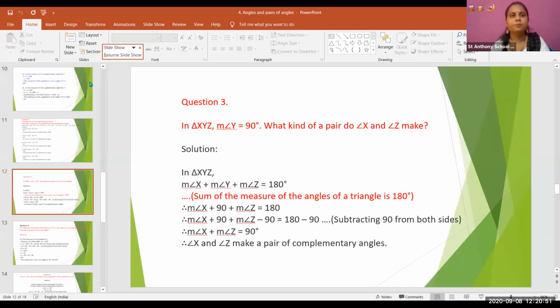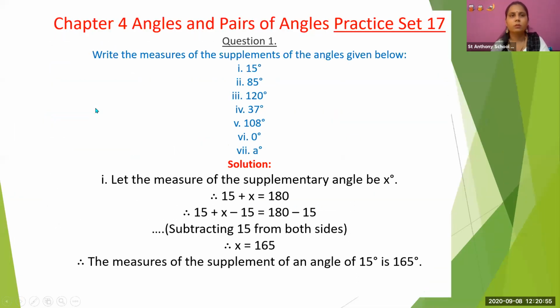Write the measure of the supplementary angle. 15 has been done. Now 85. Please do it in your notebook.